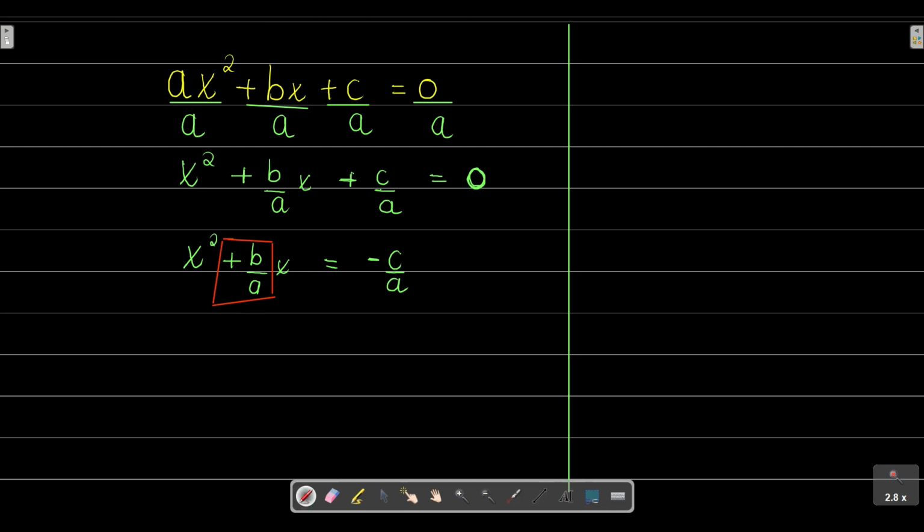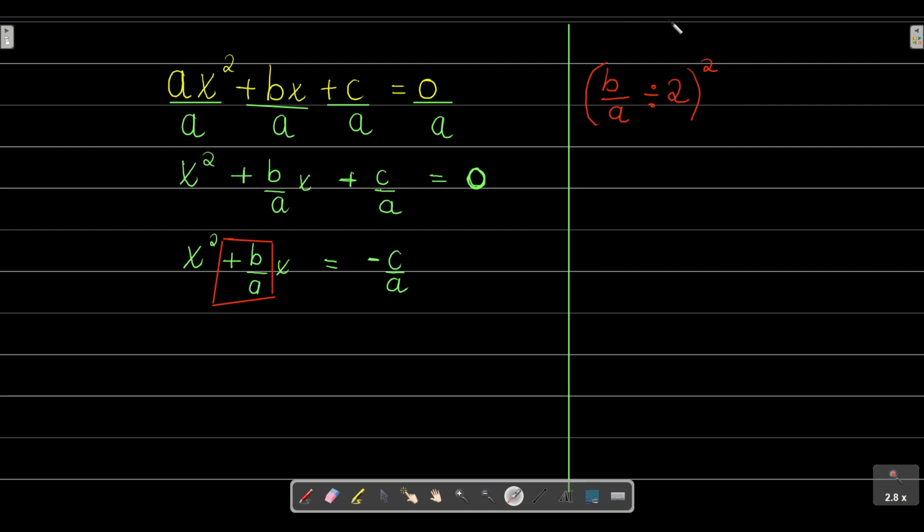We took that b over a, it's a positive in this case, and we divided that by 2. So we took the coefficient of x, divided by 2, and squared it. We said that this value is the value that we're going to add to the left hand side and add to the right hand side.